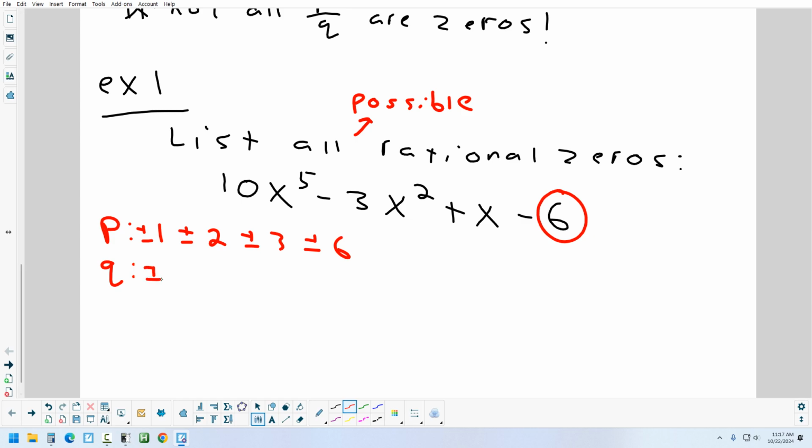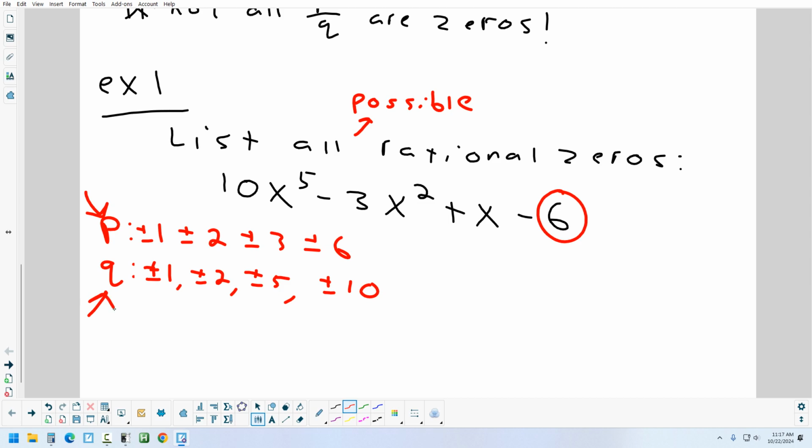So positive or negative 1, 2, 5, and 10. If this graph is going to cross the x-axis at a fraction, the top number has to be one of these, and the bottom number has to be one of those.